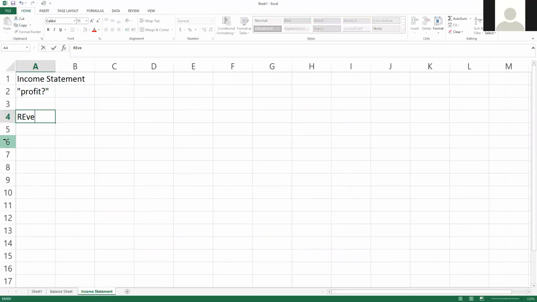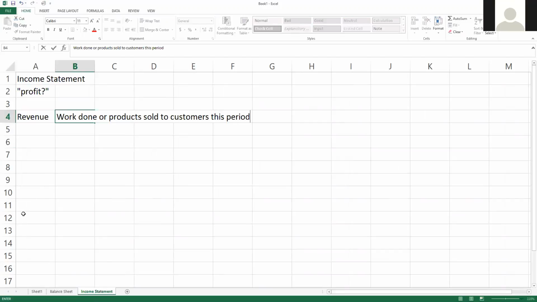What goes on there is something called revenue, which is work done or products sold to customers this period. An income statement always covers a period of time.